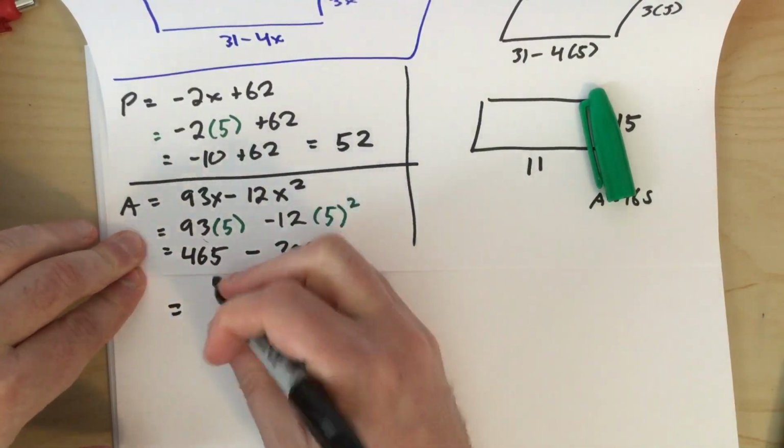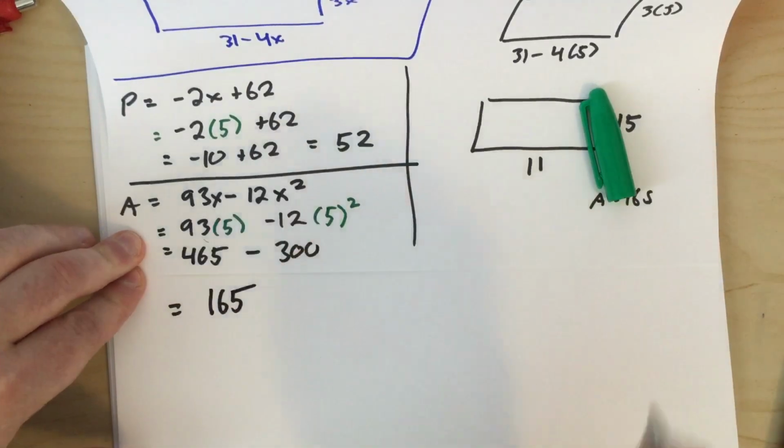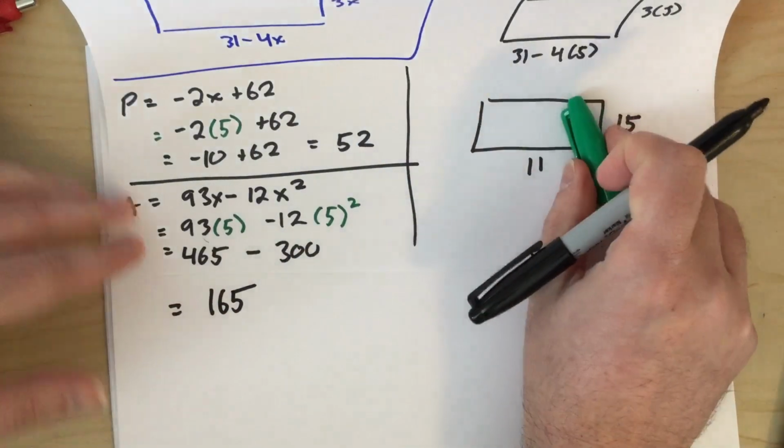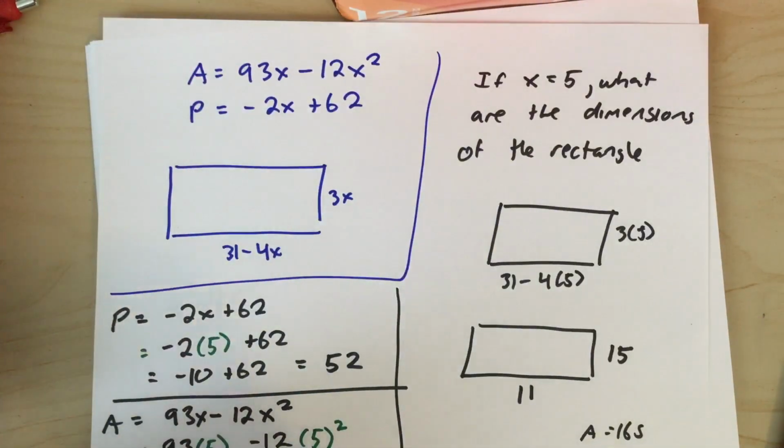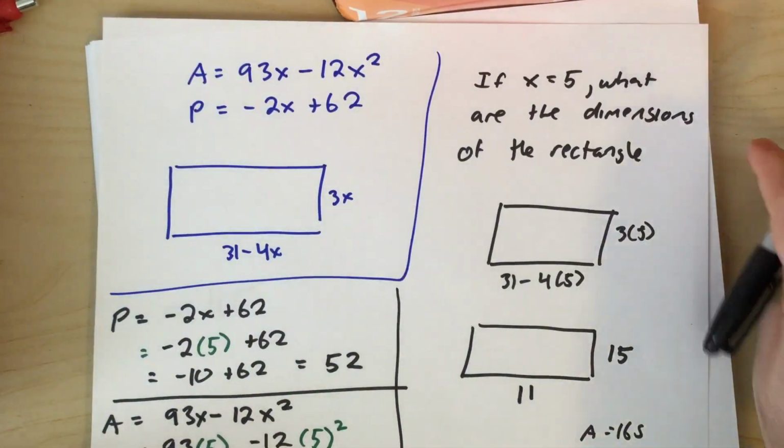And 465 minus 300 is 165. So there you go. So those expressions actually are a way of calculating the area and the perimeter.